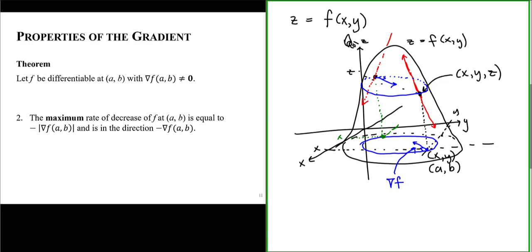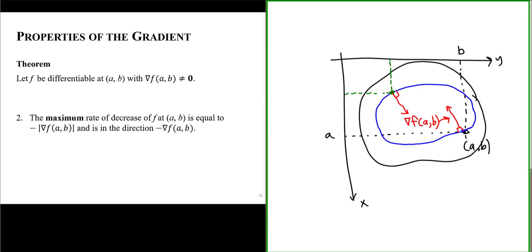And if we go down the hill from that point, 180 degrees from our steepest path, that gives us our steepest decline. And if we were to project down into the xy plane to look at that, that would just be a vector that's still perpendicular to our level curve.